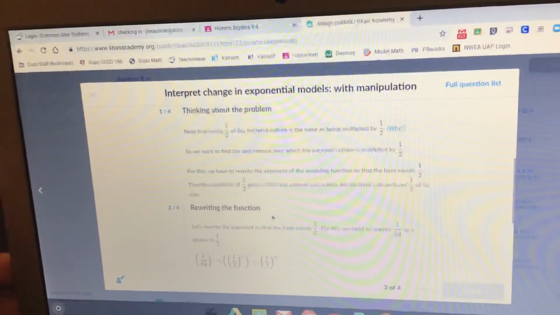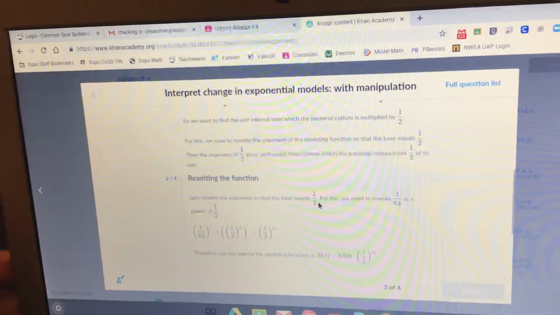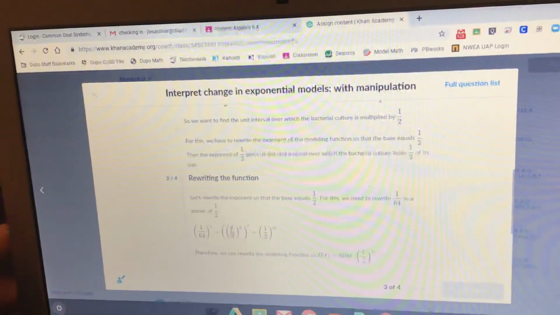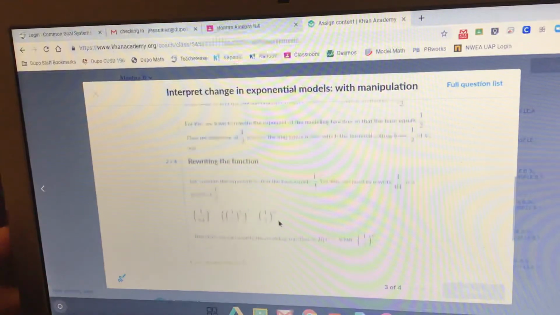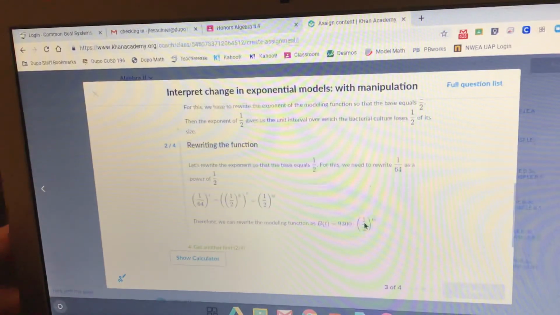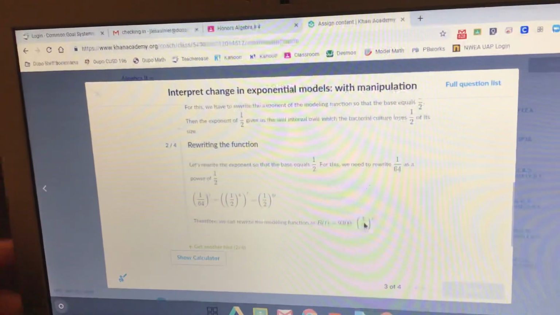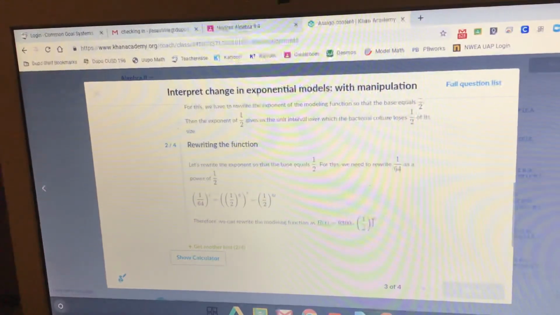My next hint says, if I look at 1 over 64, I guess I was wrong with the 5th power, it's to the 6th. So now I've got 1/2 to the 6th to the t instead of the 1 over 64. So I've turned 1 over 64 into 1/2 to the 6th.